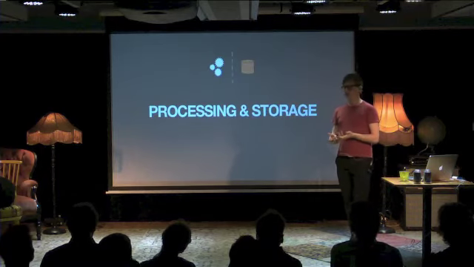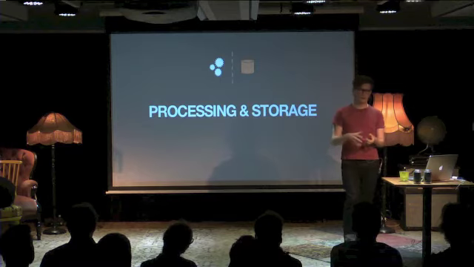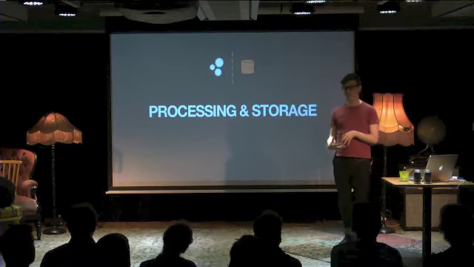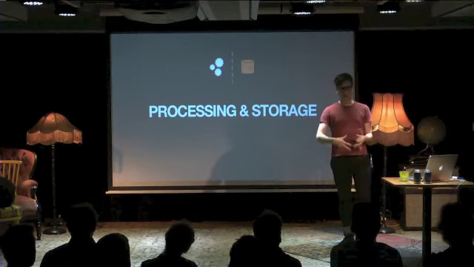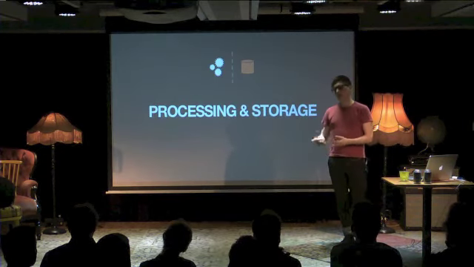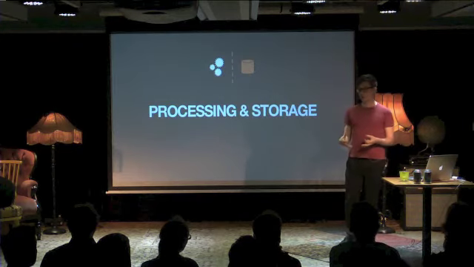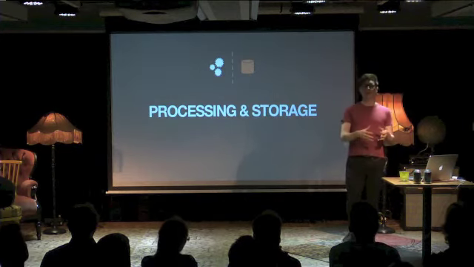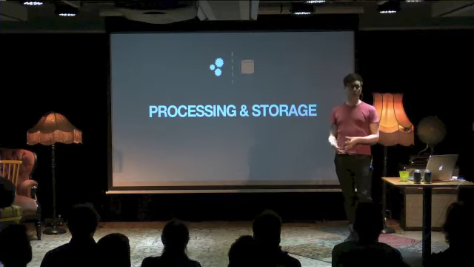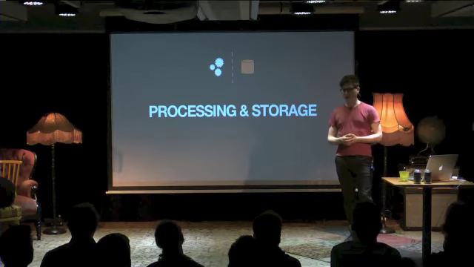Another thing that I've learned the hard way is to avoid complecting processing and storage. So if you have data at rest, so data that you're not actually actively processing, that should not be on the same node as the node doing the processing, because that means you can't scale those two things individually.